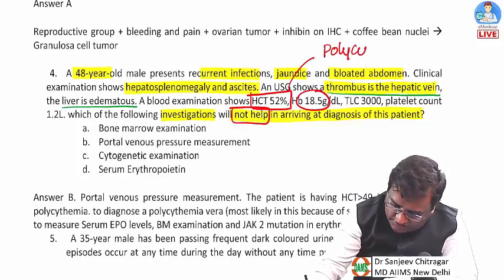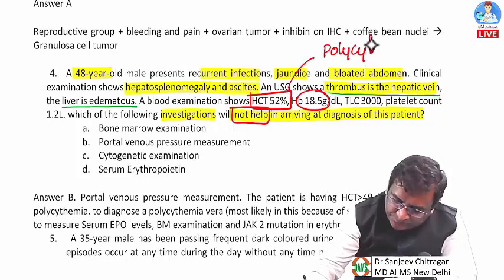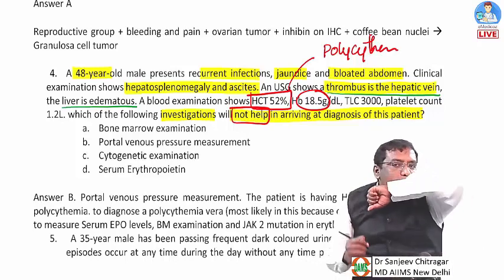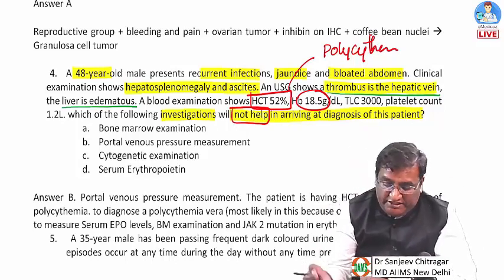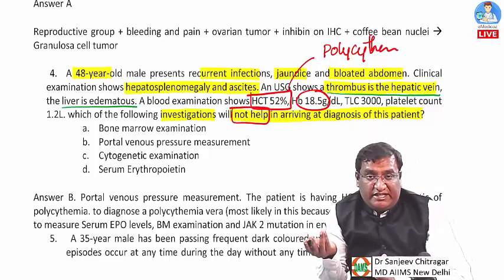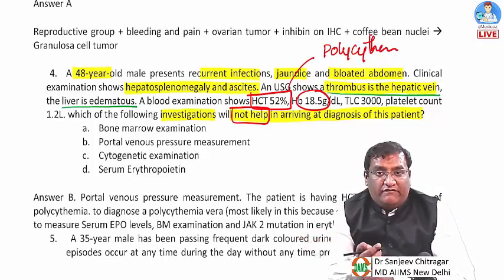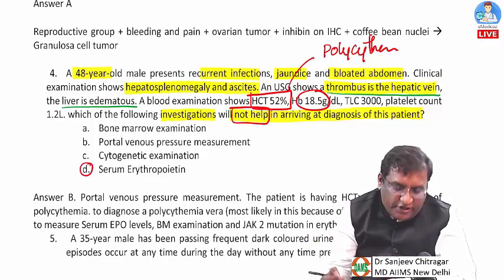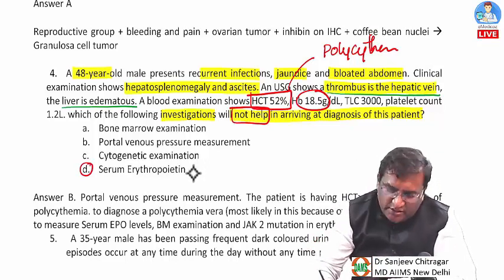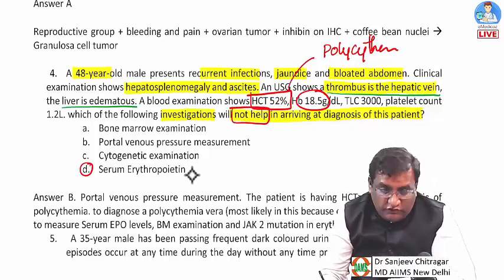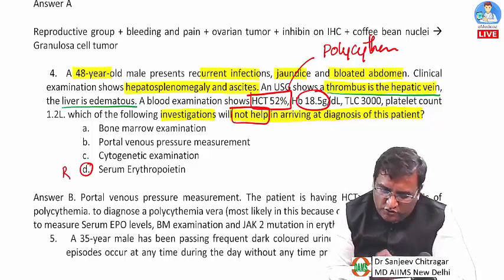So now we understand the patient is having polycythemia. He can be having polycythemia vera or maybe a secondary polycythemia, whatever it is. So I have to look for erythropoietin to differentiate. This is required, so it is not the answer, because we require it for diagnosis.